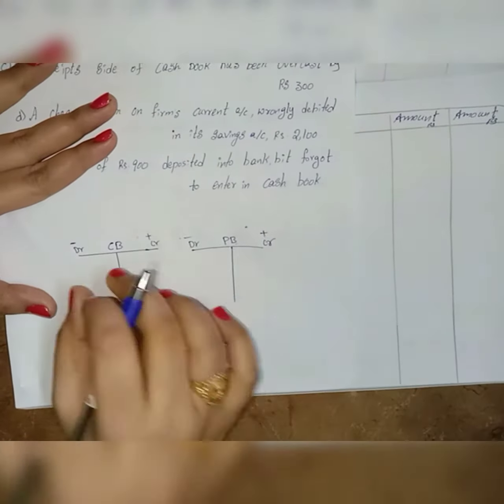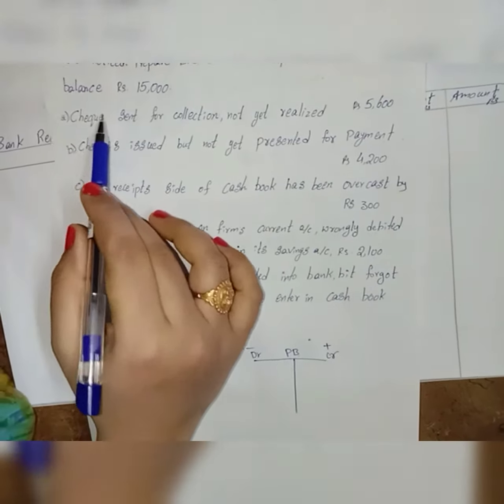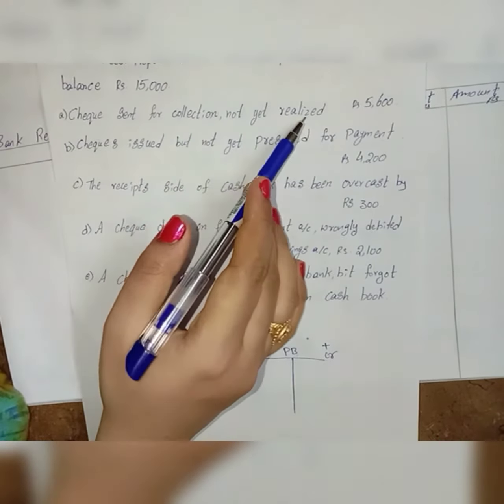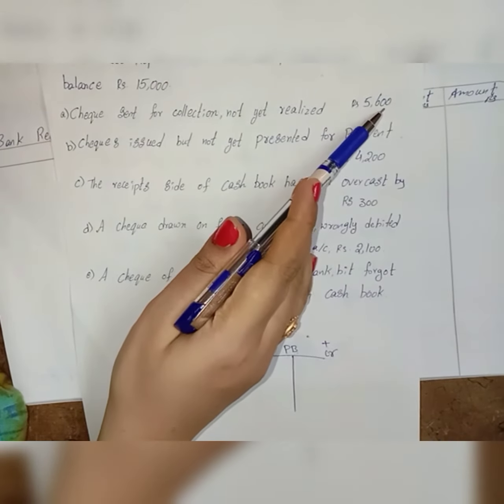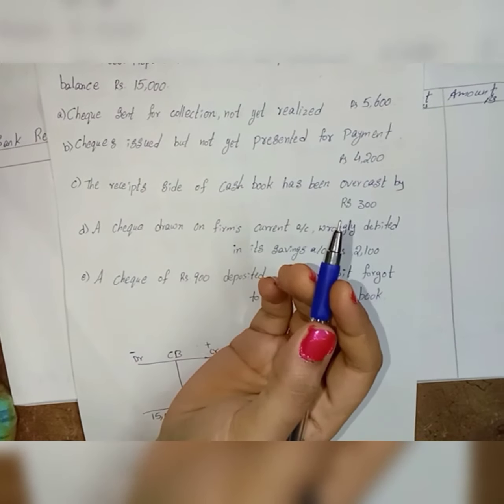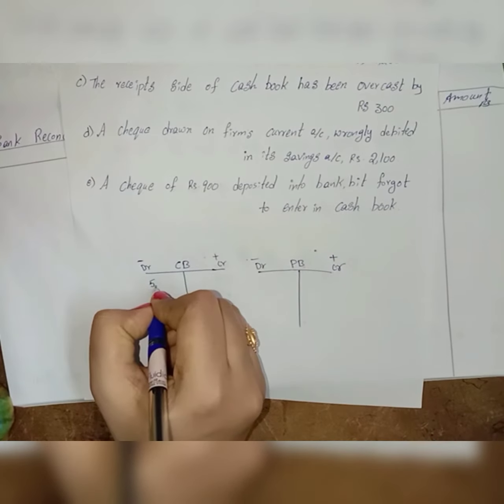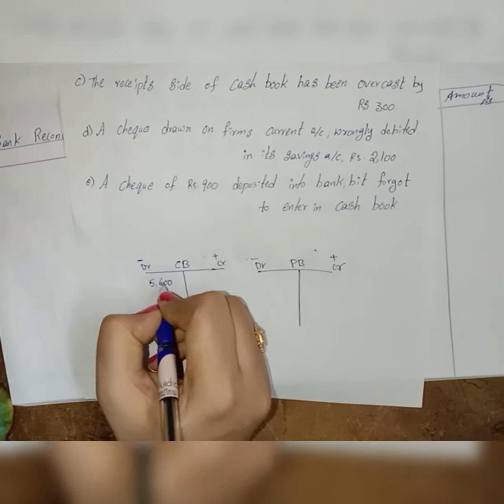Both books contain the same symbols. Check sent for collection, not yet realized, 5,600. We have sent the check for collection, so we write it on the debit side, 5,600.